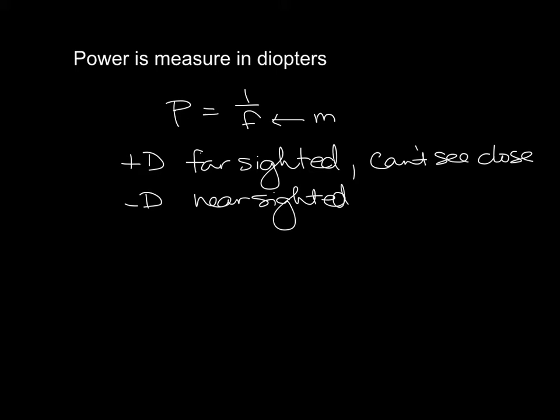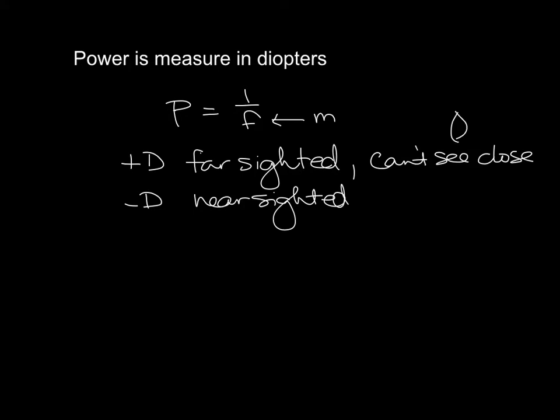So remember how we said that the power is 1 over the focal length? We can actually tell what kind of glasses are being used by the power. Glasses with a positive focal length are made of convex lenses, because remember, a convex lens has a positive focal point.